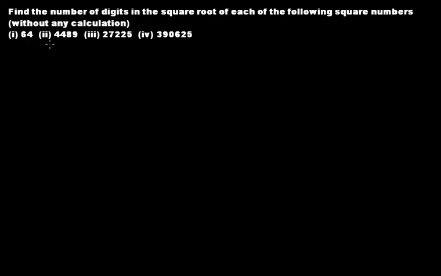So we know that if your square number has an even number of digits, n, then the square root of that square number will have n by 2 digits.